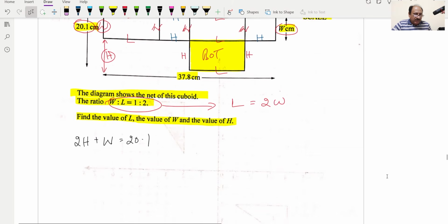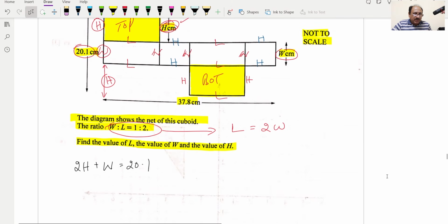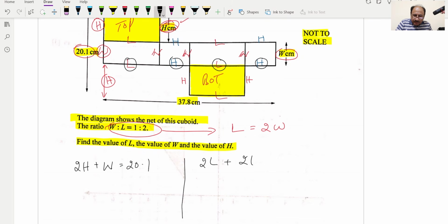And the second equation which we can form is two lengths. This length, this length, and this length, and two heights, this one and this one. So 2L plus 2H is equal to 37.8 centimeters.